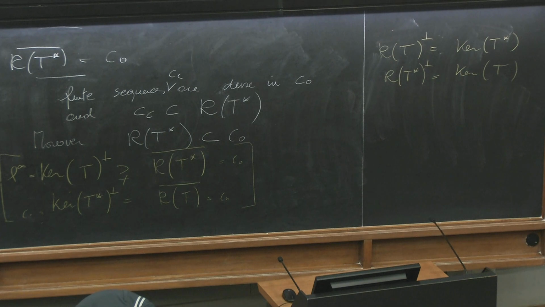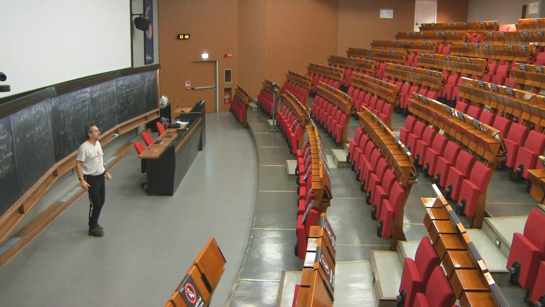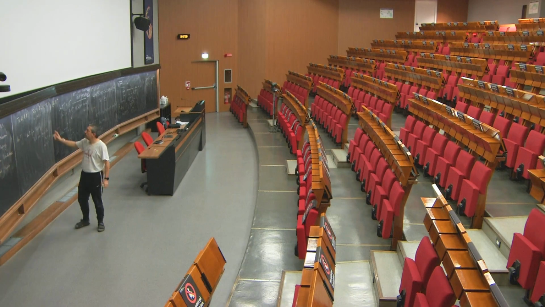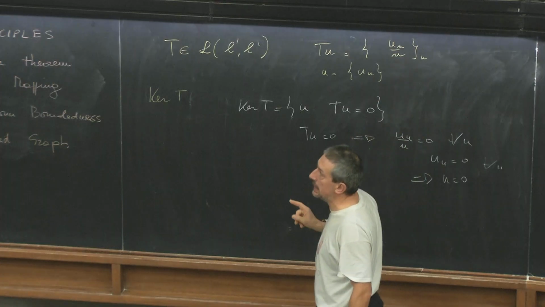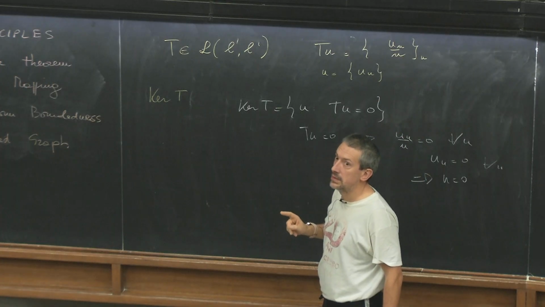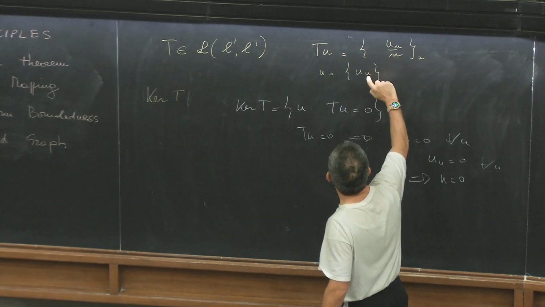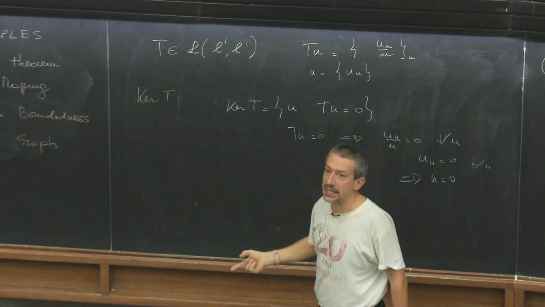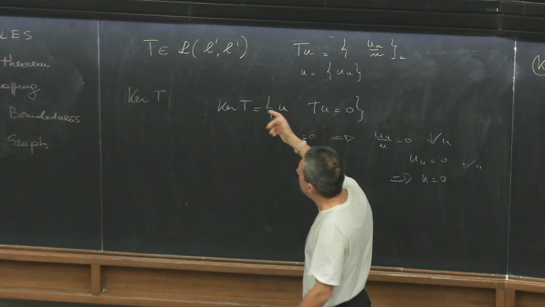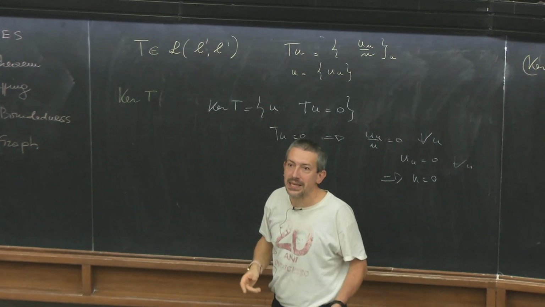But Professor, C0 is bigger than L1, as I just said. Yes, it is bigger than L1, yes. But I use that the finite sequences are dense. So the image of this guy contains the finite sequences for whatever P you put here.